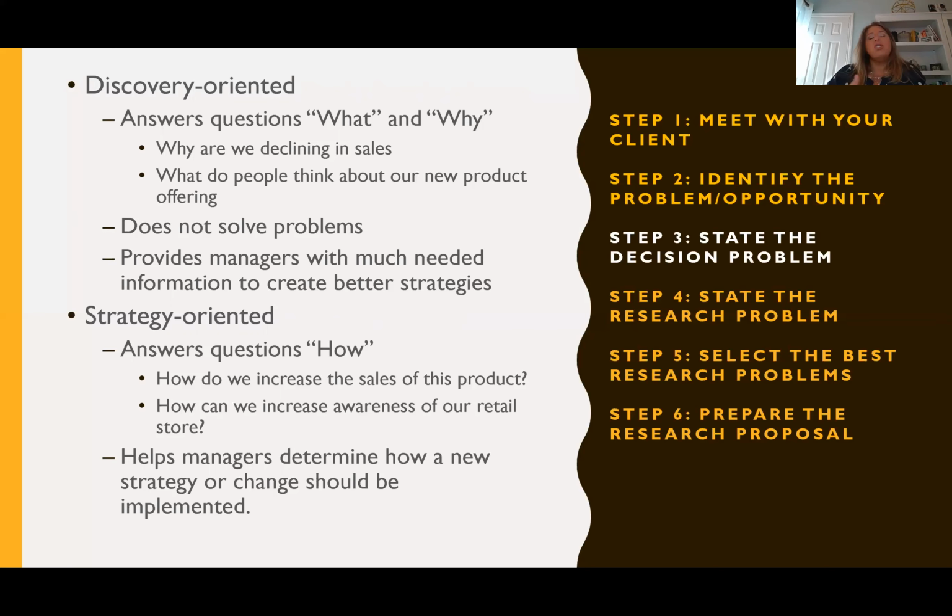So a strategy-oriented decision problem answers the question, how? How do we increase the sales of this product? How can we increase awareness of our retail store? And if you think of it in terms of a hypothesis, how do we increase the sales of this product is something where we're going to test, right?